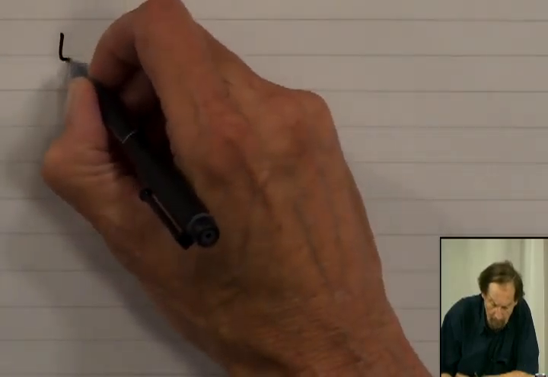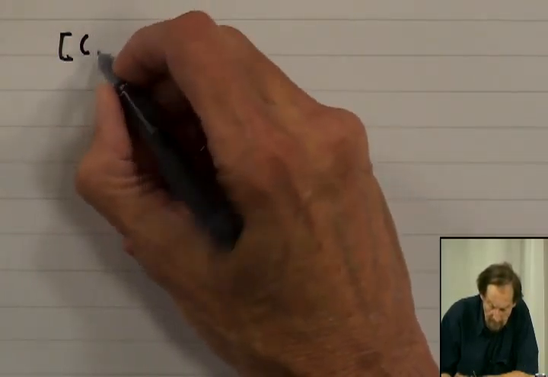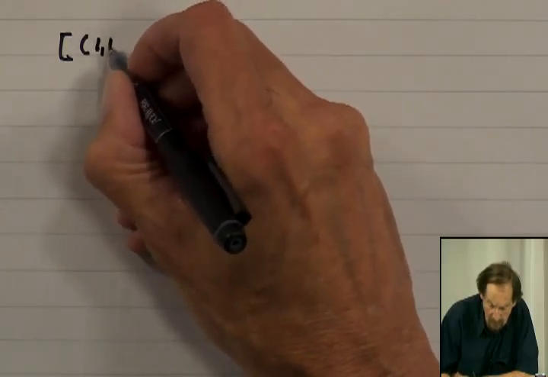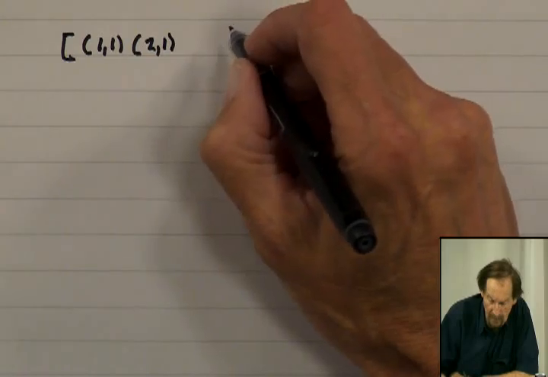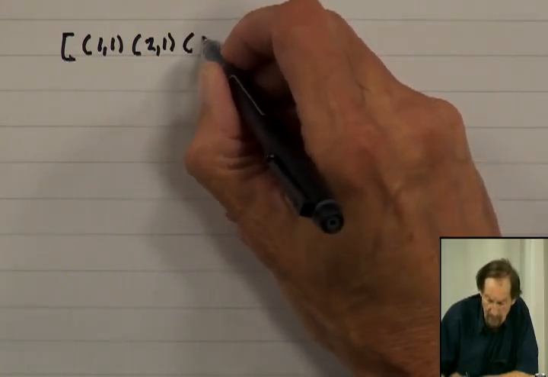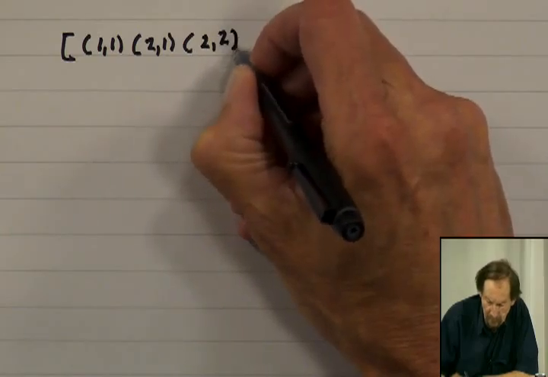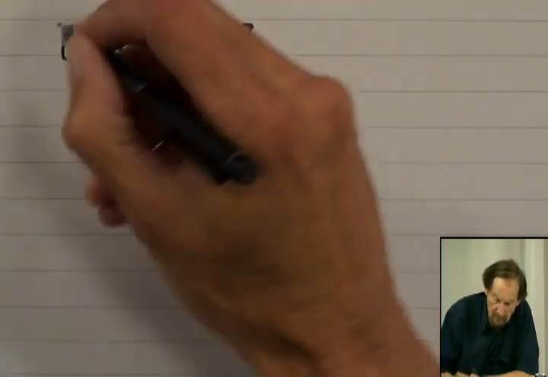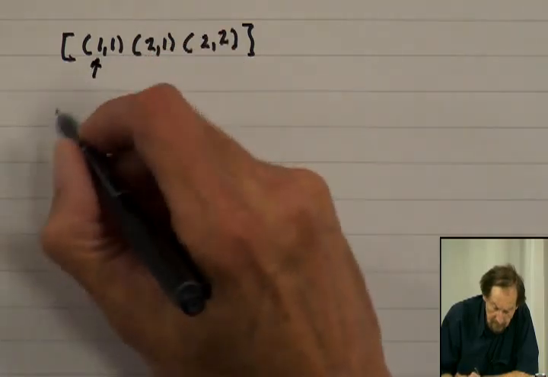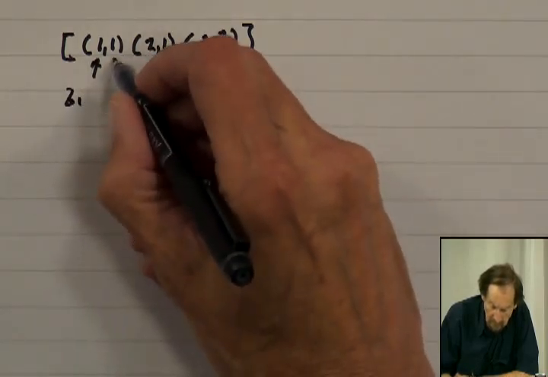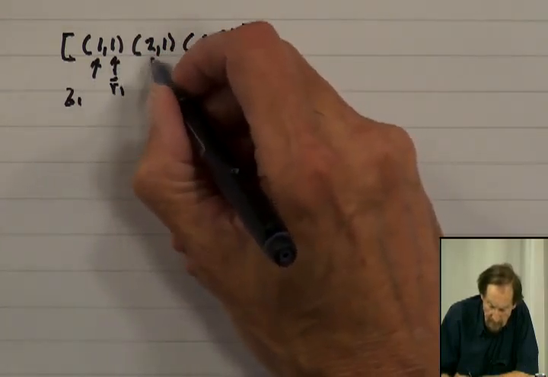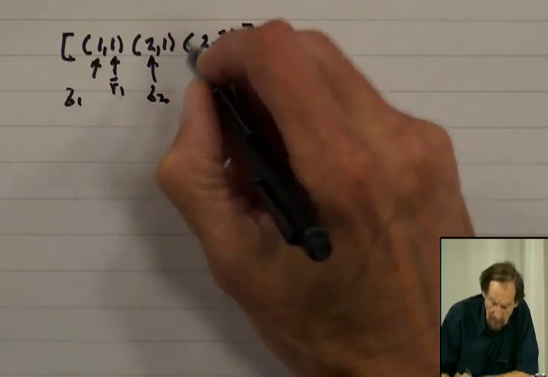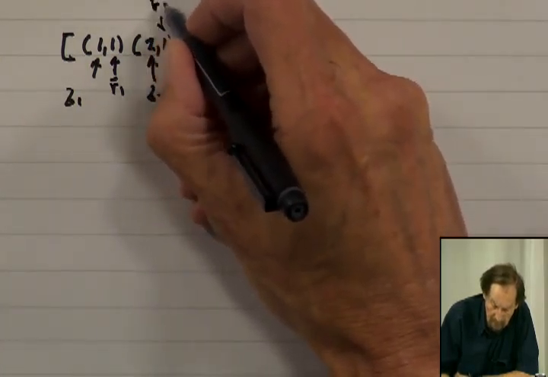So let's assume that they're as follows. First we have 1, 1. Then we have 2, 1. And then we have 2, 2. Okay. So this is sigma 1, this is r bar 1 for the first guy. This is sigma 2, this is r bar 2.